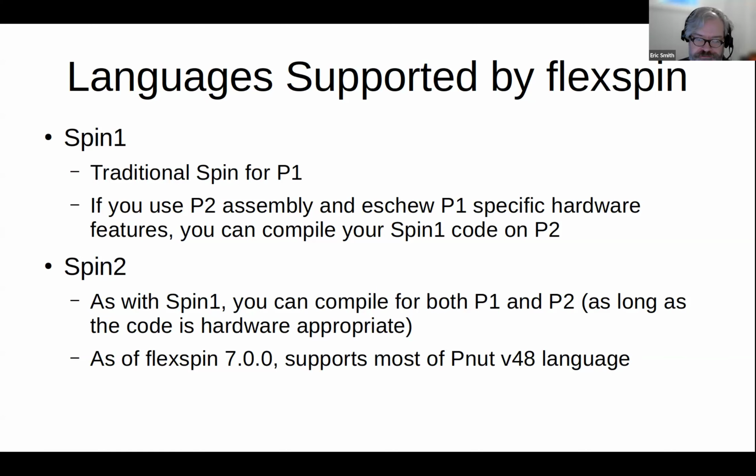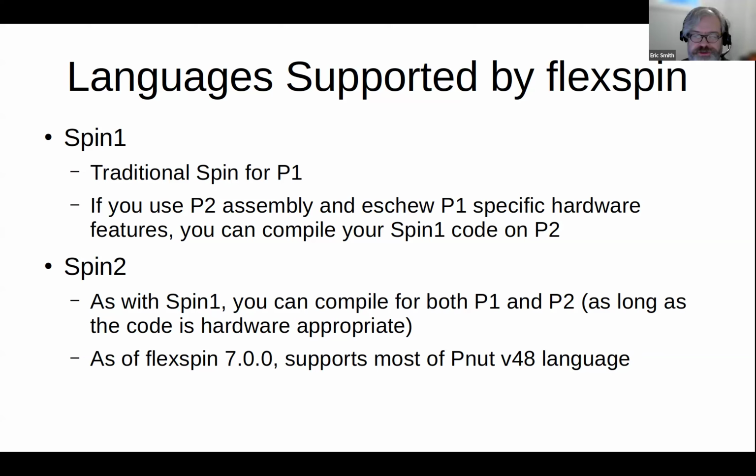So as of the recent FlexSpin 7 release, it supports most of the Peanut v48 language that Chip has created. So it has the features like tasks and structs and cool things like that. So overall, I think the Spin support's pretty decent. There's still a few things that don't work because the underlying model is quite different.